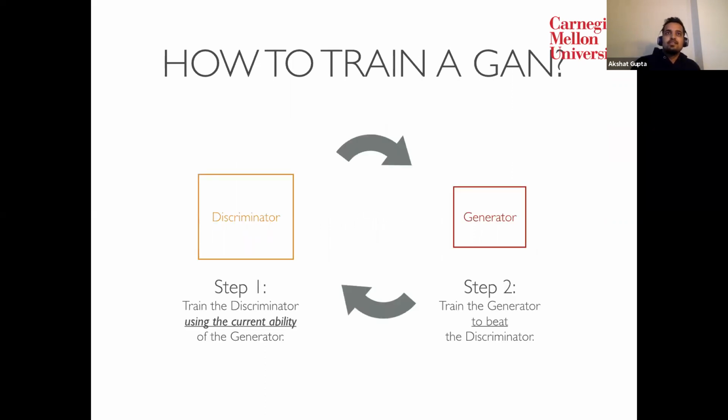And just a little preview of what we do when we train GANs. We start off by training the discriminator using the current ability of the generator. That means we generate whatever images the generator can generate and use those images as our fake class data to train the binary classifier. Then we train the generator to beat the discriminator.